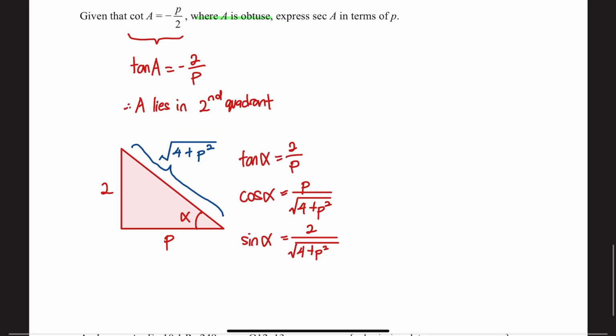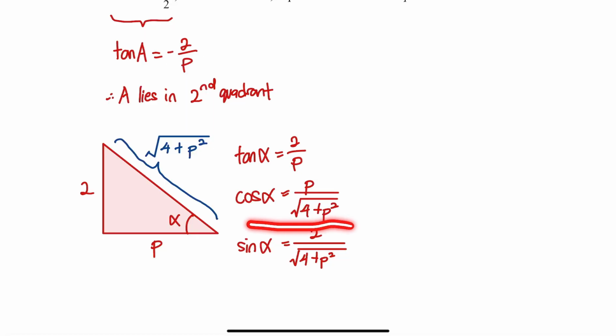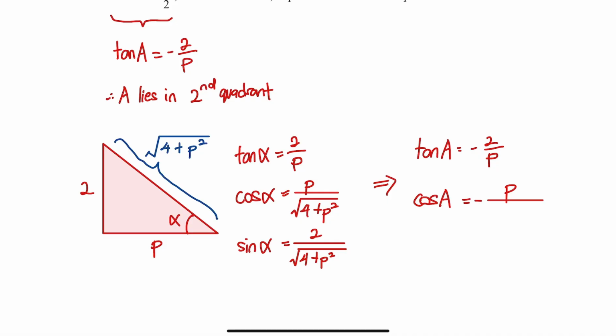In the second quadrant by ASTC, only sine is positive, the rest are negative. So tangent A equals negative 2 over p. Cosine A is negative p over square root of 4 plus p squared. And the last one, sine A is positive 2 over square root of 4 plus p squared.